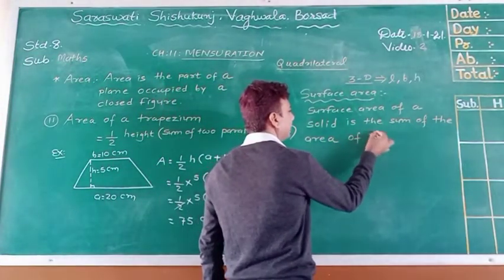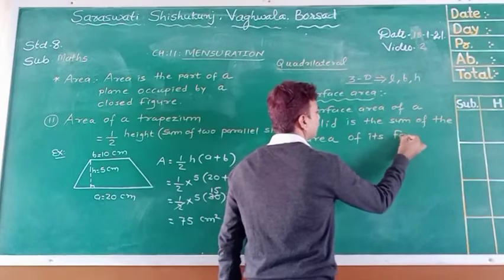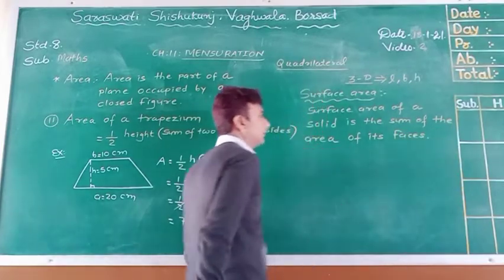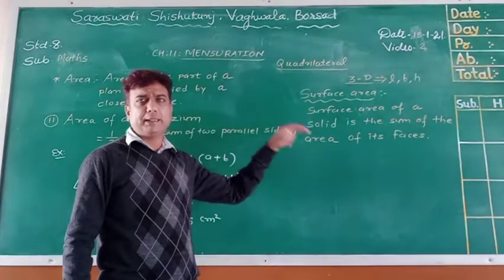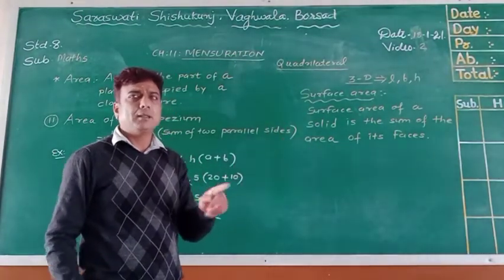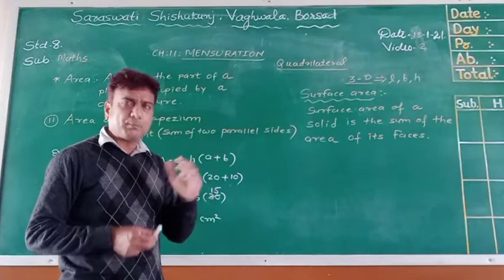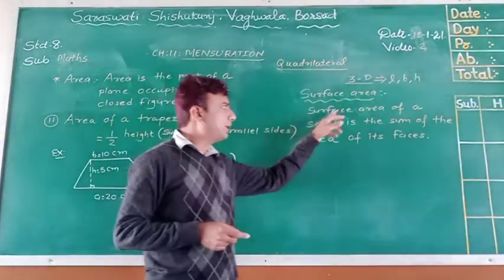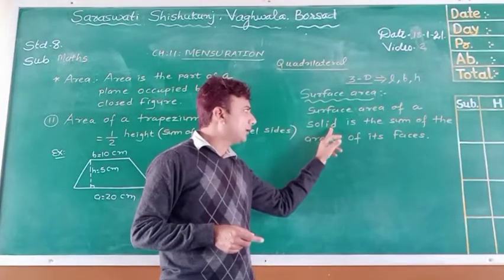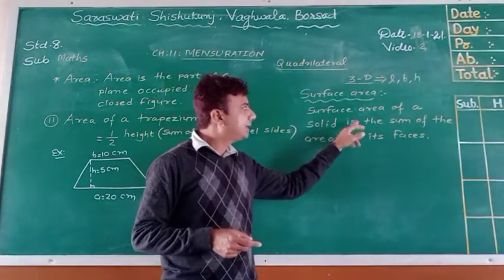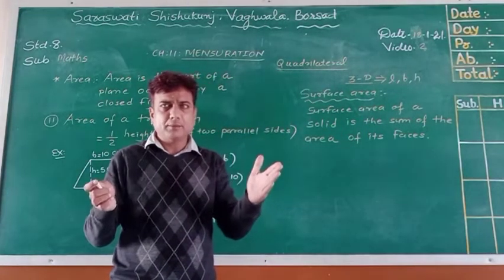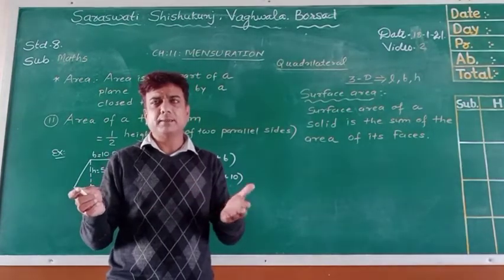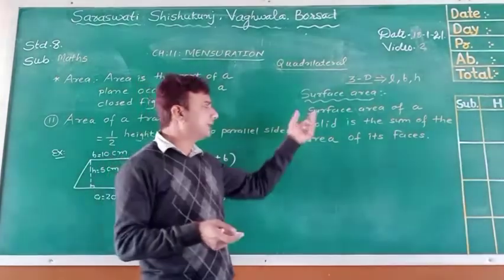See, this is the definition of surface area. What is the meaning of surface area? Surface area means plane surfaces. The surface area of a solid is the sum of the areas of all its faces.